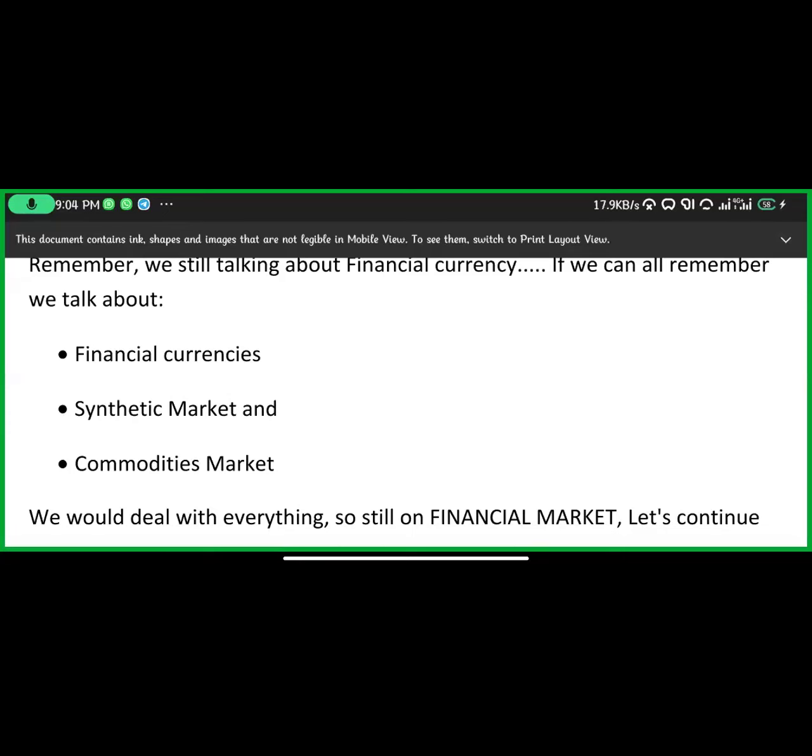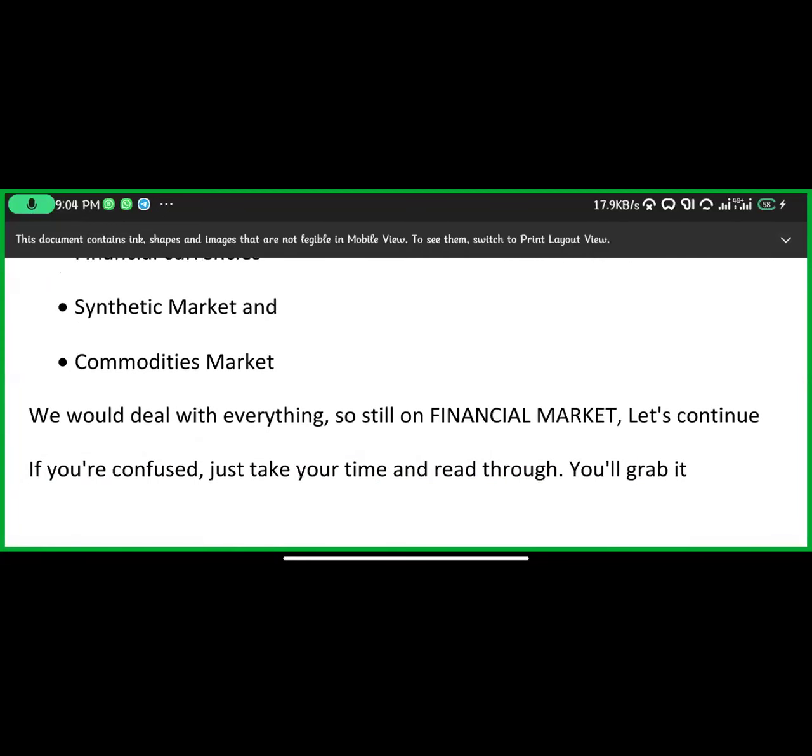Don't worry, regarding that price, we'll talk about it very well. But let's focus on this. Then they are both hand in hand together, both the forex and the crypto. But forex is the forefather of crypto. So we will deal with everything. So still on financial market, let's continue.